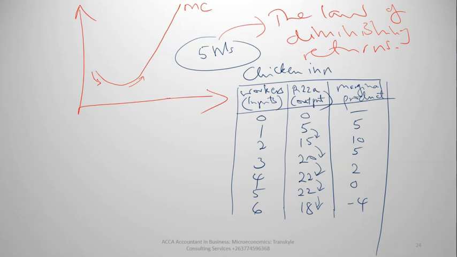So this could actually be shown in the behavior of the marginal cost curve. So I wanted to illustrate this point on how the marginal cost curve behaves in such a fashion. Initially, when the business starts its operations, it is effective maybe because the equipment is still new or the workers are still motivated.